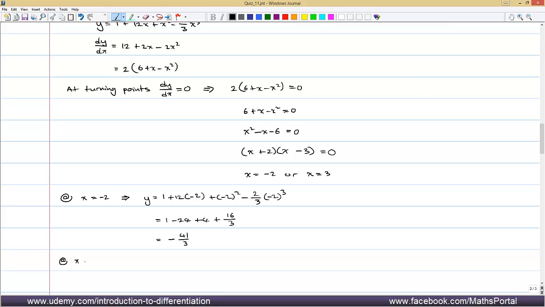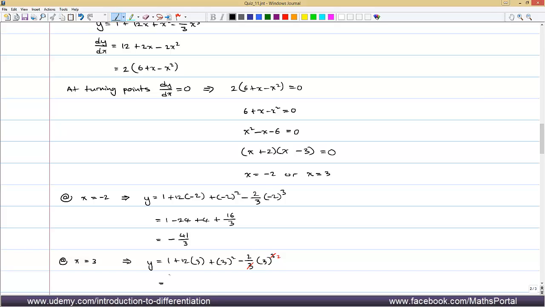And if x is equal to 3, then y is equal to 1 plus 12 multiplied by 3, plus 3 squared, minus 2 over 3 times 3 cubed. Alright, so the 3 here, we can reduce that by 2.